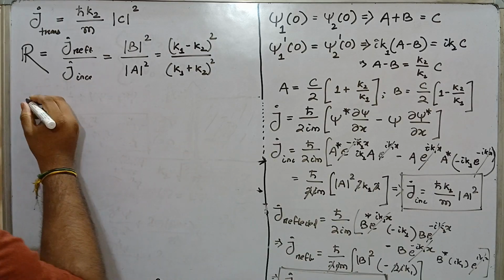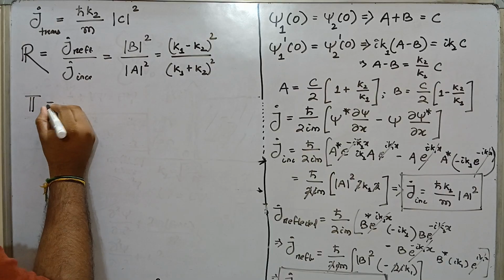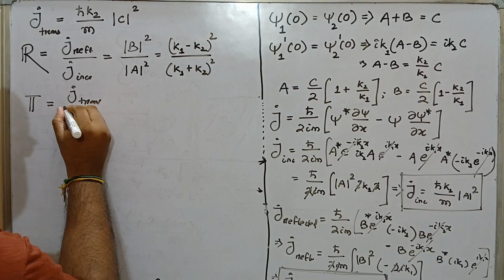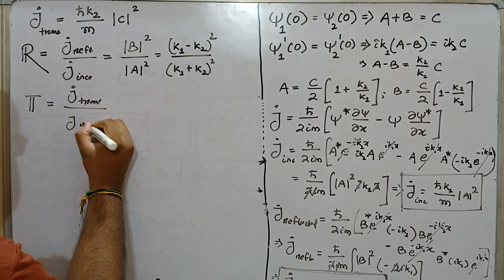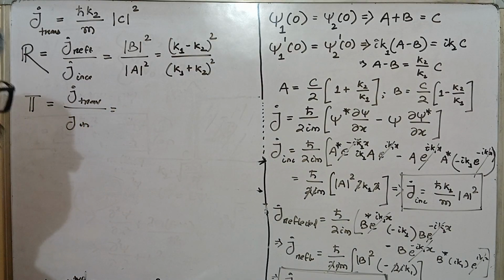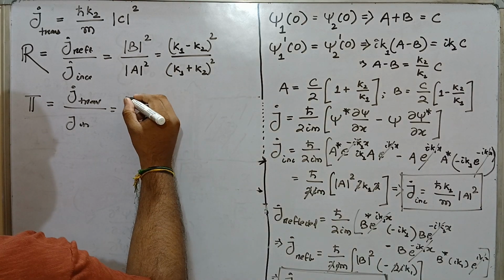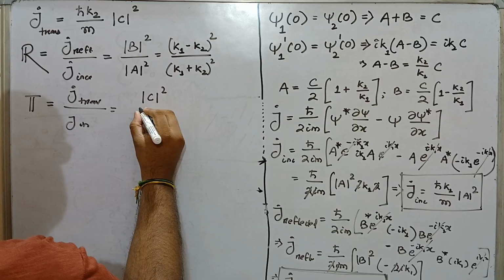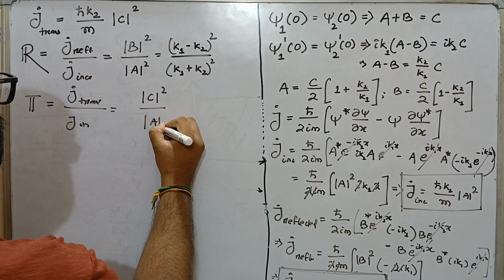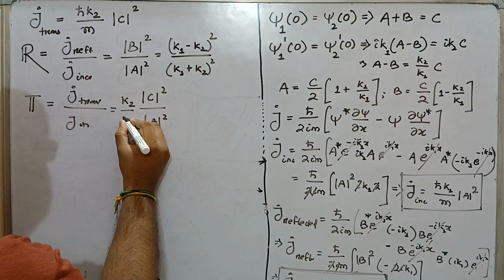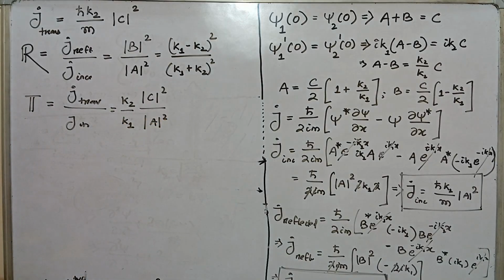Let's calculate transmittance first, then we will discuss this. So how will the transmittance be calculated? It will be taken as C square by A square times k2 by k1.